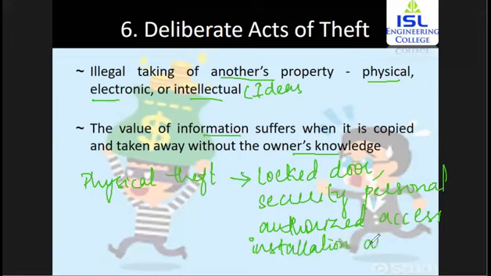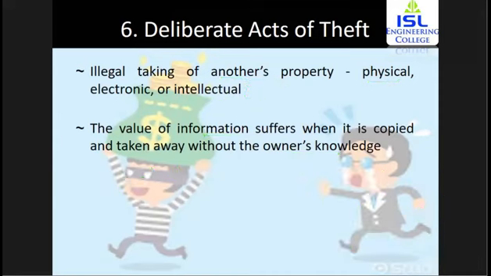If any person tries to get into your organization, an alarm will tell you that a person has entered into the secure area. So this is deliberate act of theft.